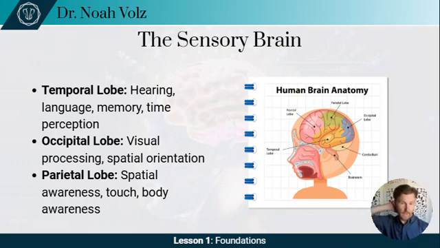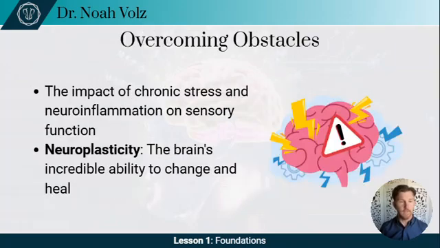In the very back of the head, the base of the skull, is the occipital lobe, and this deals with visual processing and some spatial orientation. And then we have the parietal lobe just behind the temporal lobe, and this deals with spatial awareness, touch, and body awareness. So we're going to go into depth into each of these different regions of the brain and then talk about how we can enhance them.